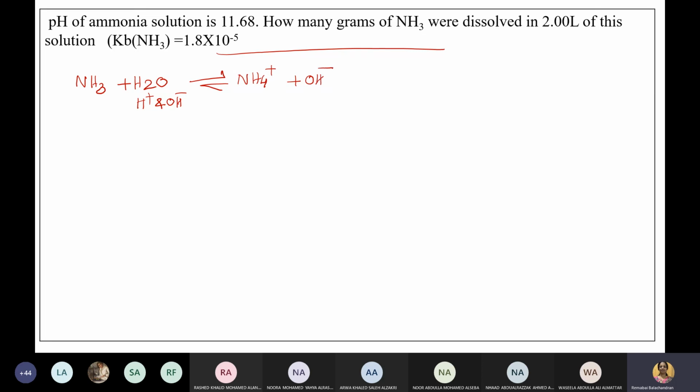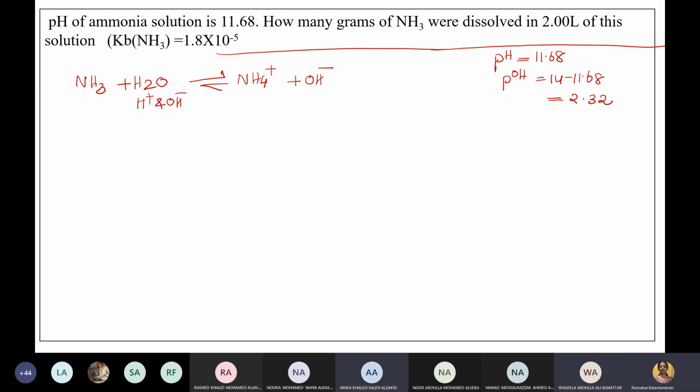Okay, so now we have pH. From pH, you can find something. What is it? Concentration of OH minus. Yes. pH is equal to 11.68. pOH is equal to 14 minus 11.68. What is the value? 2.32. Is it correct?